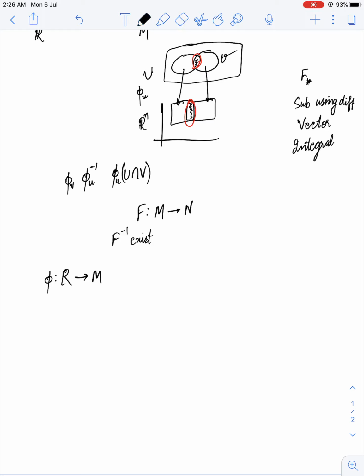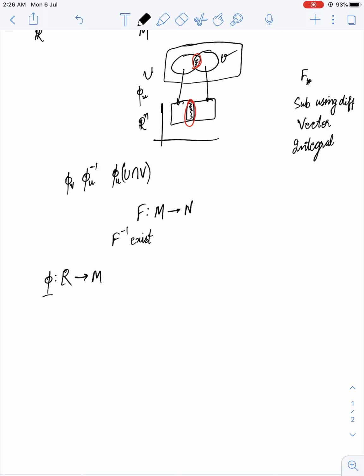It's R to M. You specify some number on the real line, and you get a point on M, so you basically get a curve on the manifold M.